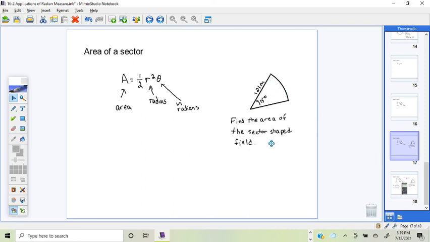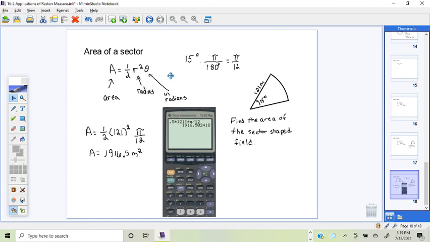So we would take r squared, the 121, and our theta, 15 degrees up here, would need to be turned into radians, so times pi over 180. 180 divided by 15 is 12, so that's where we get the pi over 12. So 1/2 times 121 squared times pi over 12.